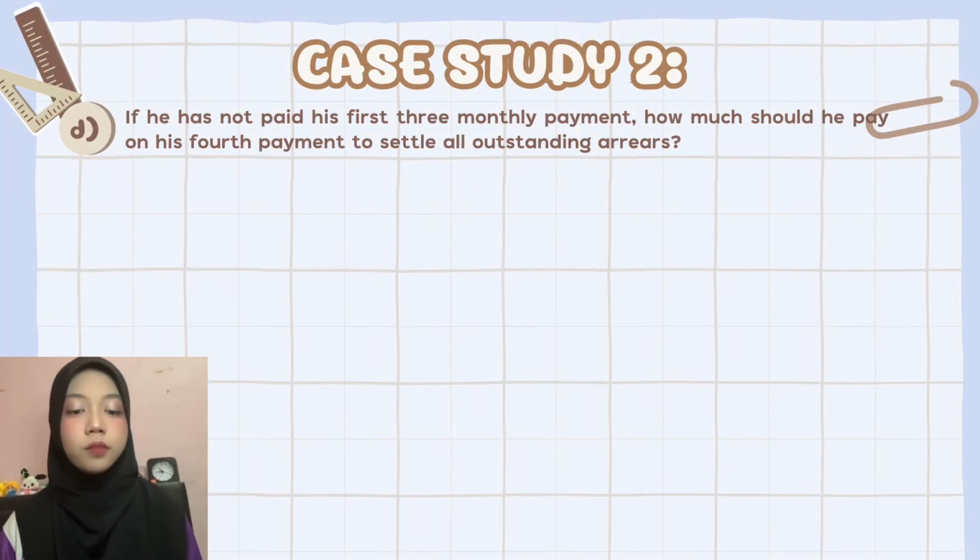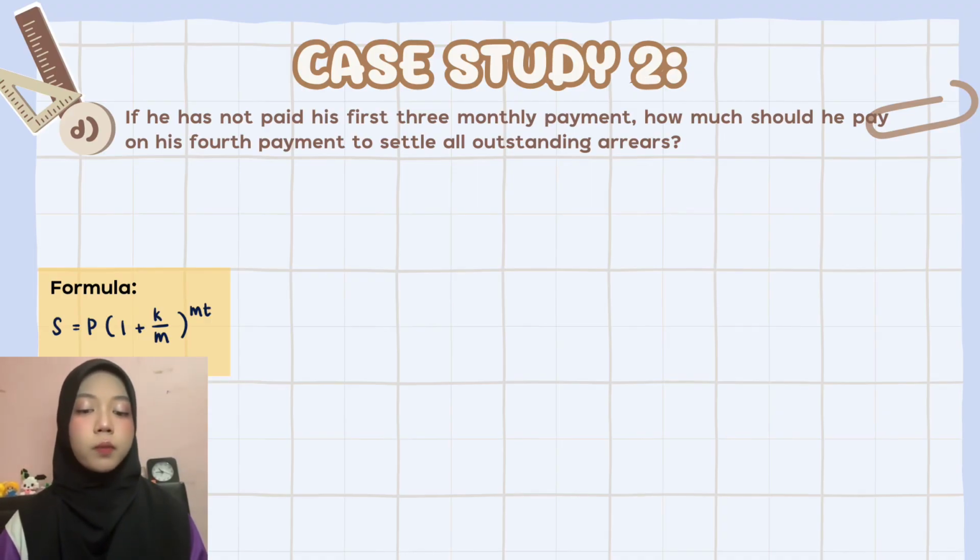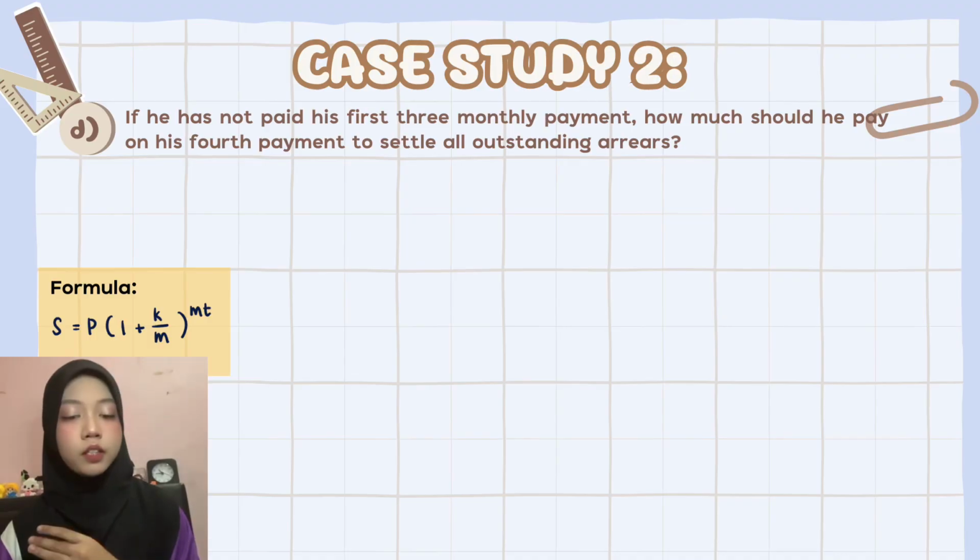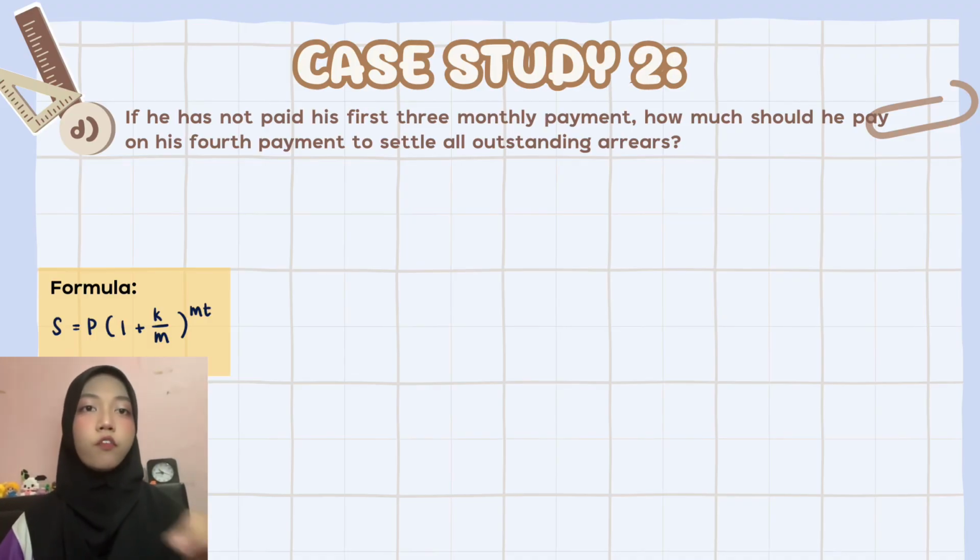For question D, if he has not paid his first 3 monthly payments, how much should he pay on his 4th payment to settle all outstanding arrears? To answer this question, we need to find out how much he should pay on his 4th payment after missing the first 3. So, we are using the future value of an ordinary annuity formula because each missed payment in the first 3 months accumulates interest up to the 4th month.